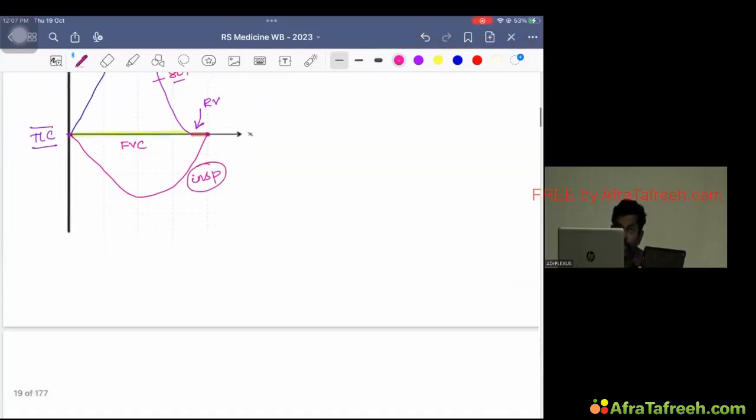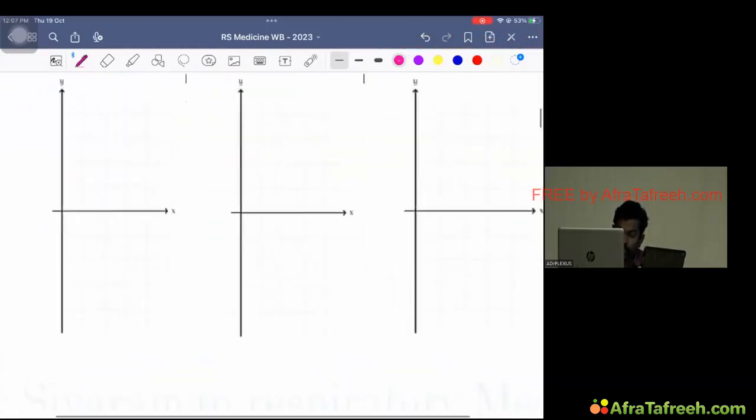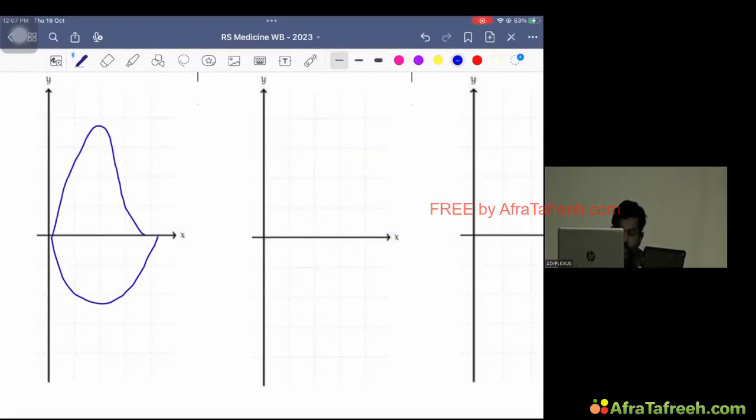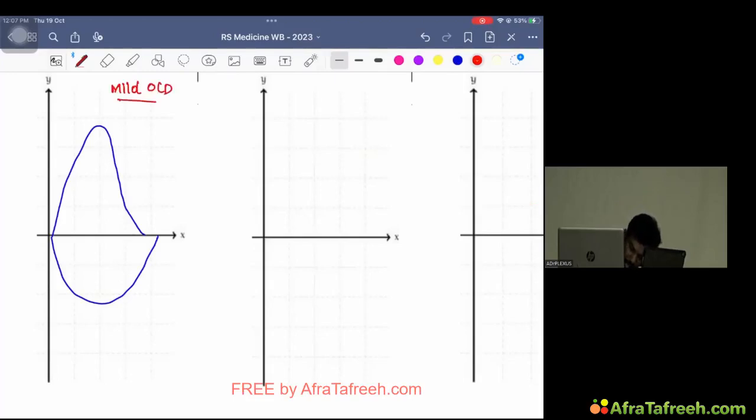Now coming to the next scenario. This is the normal graph. Now your patient has a mild history of smoking. Because of this, mild obstructive lung disease is there. The patient inspires.